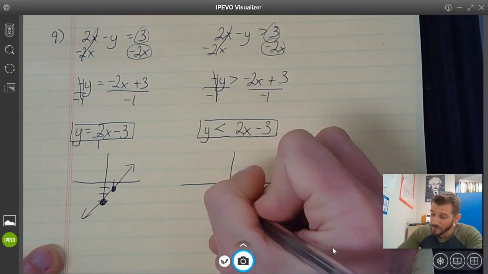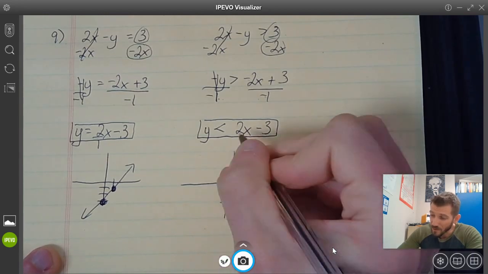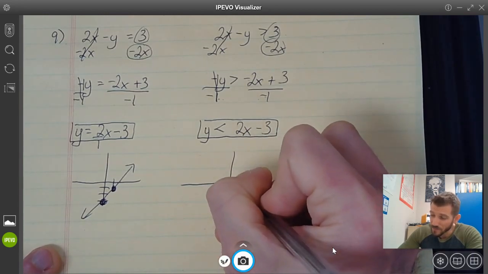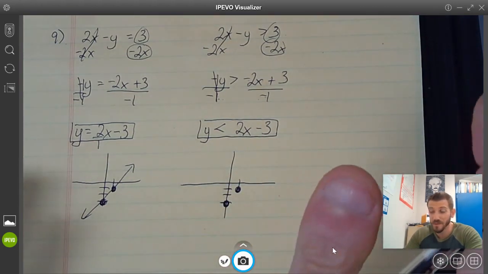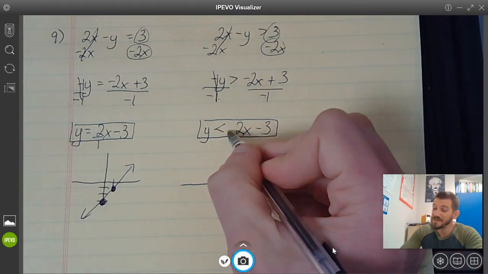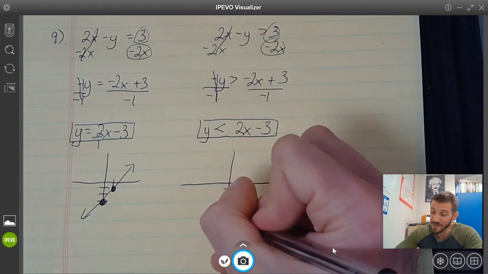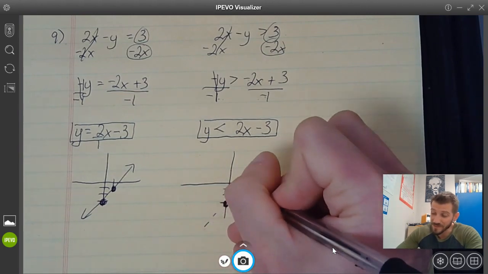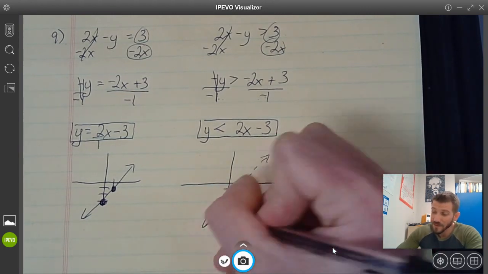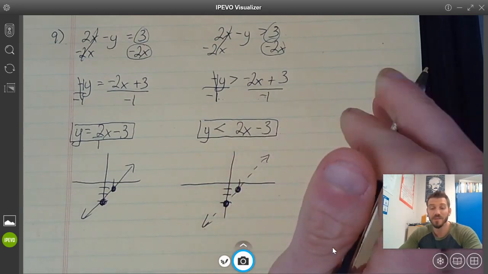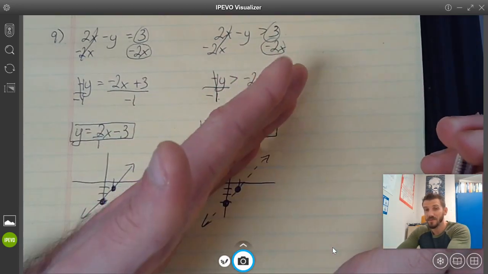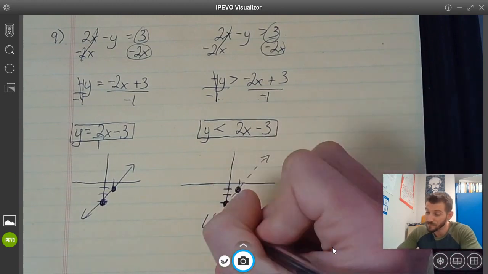I go down 3, I go up 2 and over 1. We have to pause and look at our problem. It is not underlined, so therefore it's not a solid line, which means it is dotted. And it says it's less than, meaning we need to shade down our paper. So hands on the graph, shading downwards.